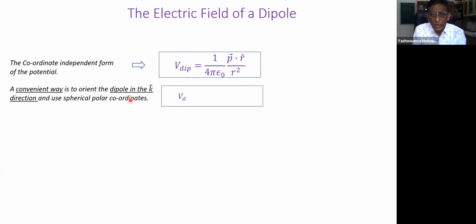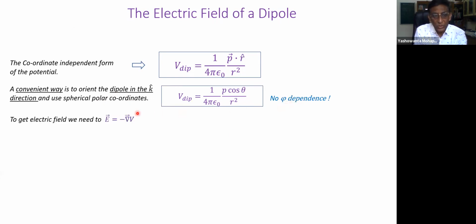In that case, the potential is actually simply p cos theta by r square, times 1 by 4 pi epsilon naught. And the convenience is there is no phi dependence here. So to get the electric field, what should I do? E is minus grad V. So I conveniently do this in spherical polar coordinates.